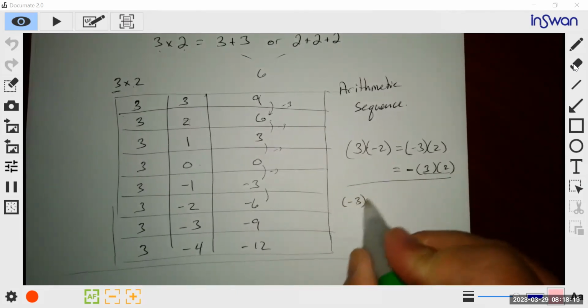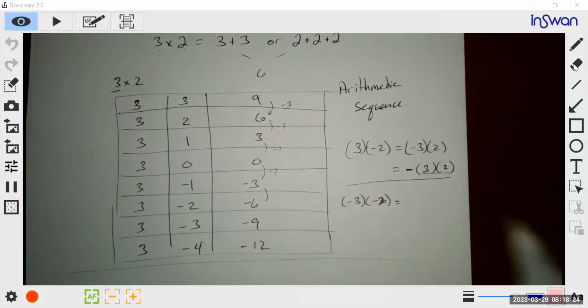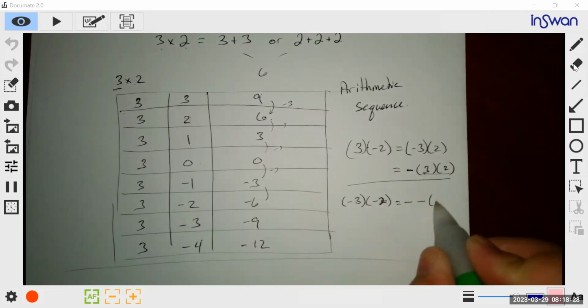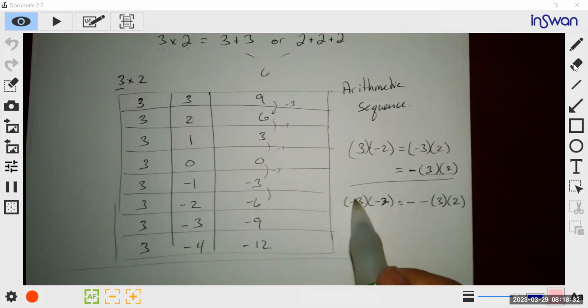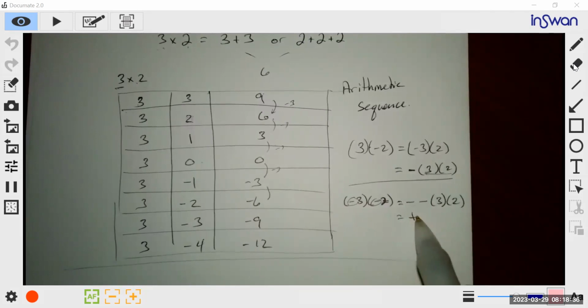If both of the numbers are negative, we could take both of those out in front. Take this one out, take that one out, put it in front. Negative times negative is a positive.